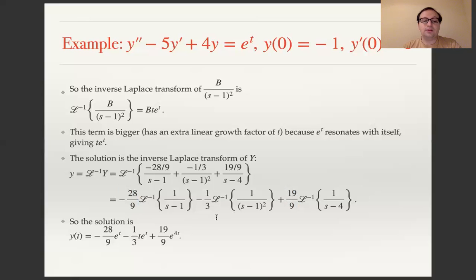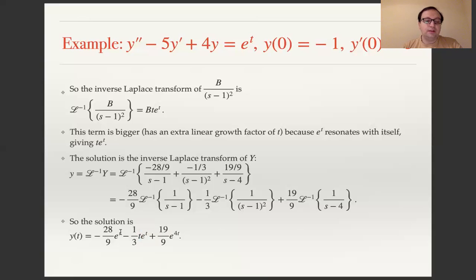So the solution is minus 28 over 9 times the inverse Laplace transform of 1 over s minus 1, which is e to the t, minus 1/3 times the inverse Laplace transform of 1 over s minus 1 squared, which is t e to the t, plus 19 over 9 times the inverse Laplace transform of 1 over s minus 4, which is e to the 4t.